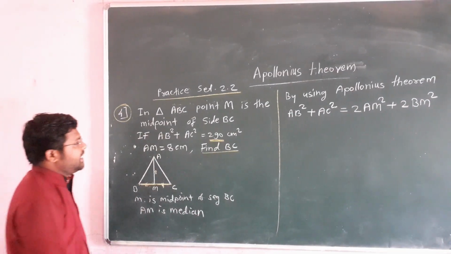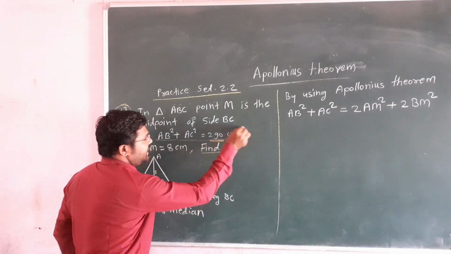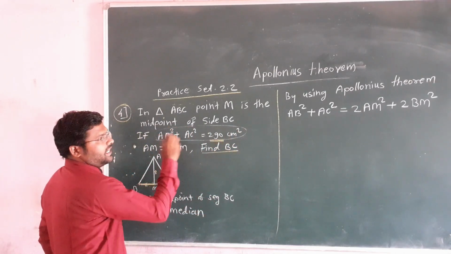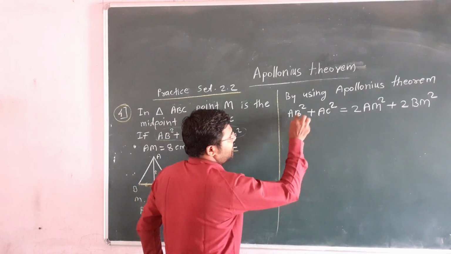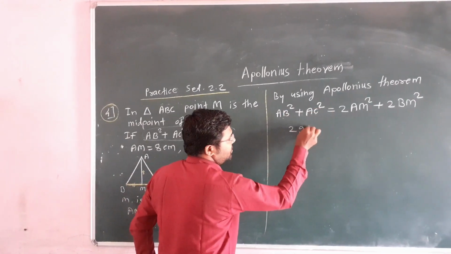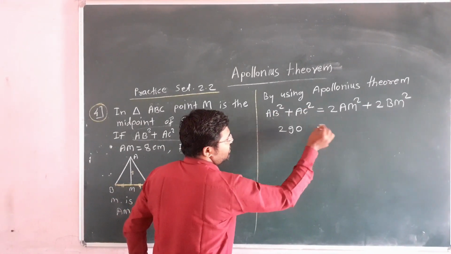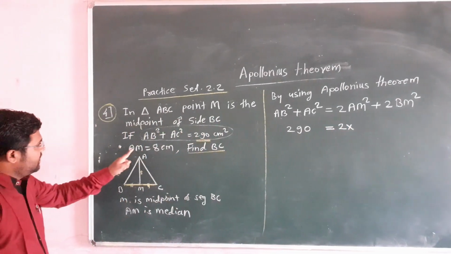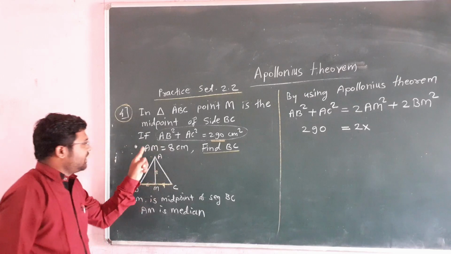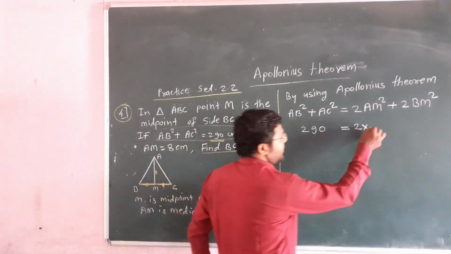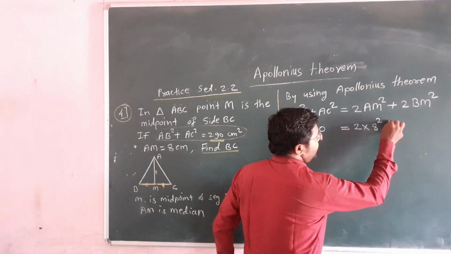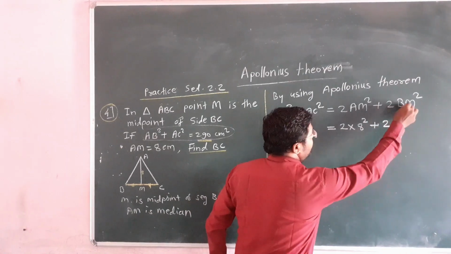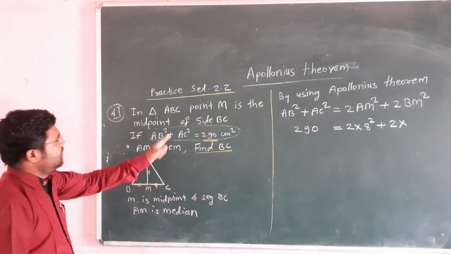Now put the values. AB square plus AC square is given here as 290. So I write here AB square plus AC square is equal to 290, which is equal to 2 into AM square. AM is given as 8 centimeter, so write here 8 square plus 2 into BM square, since BM is not given.